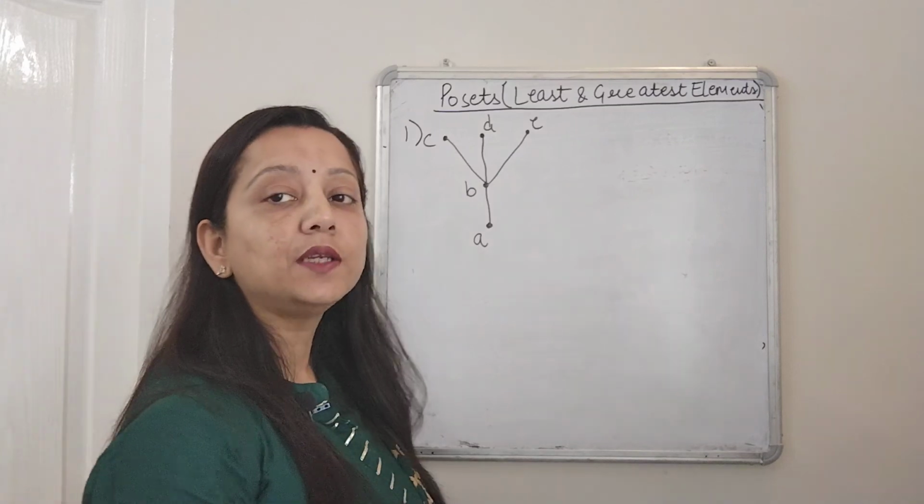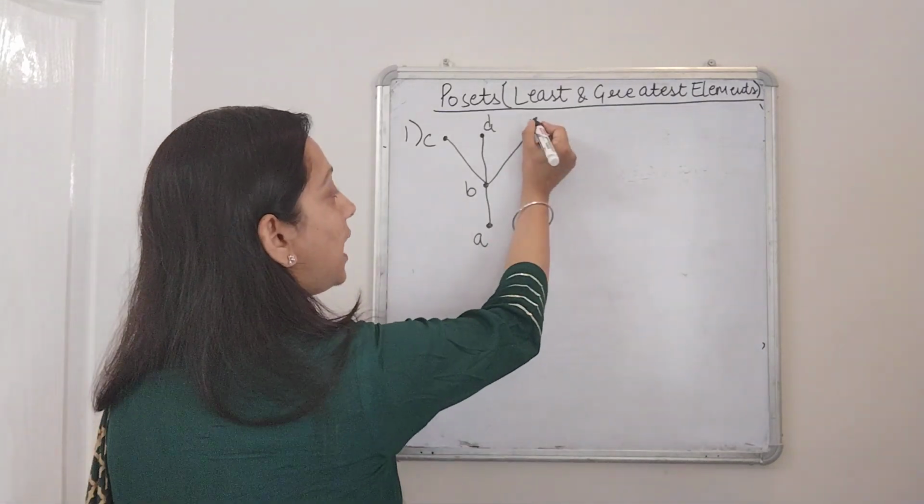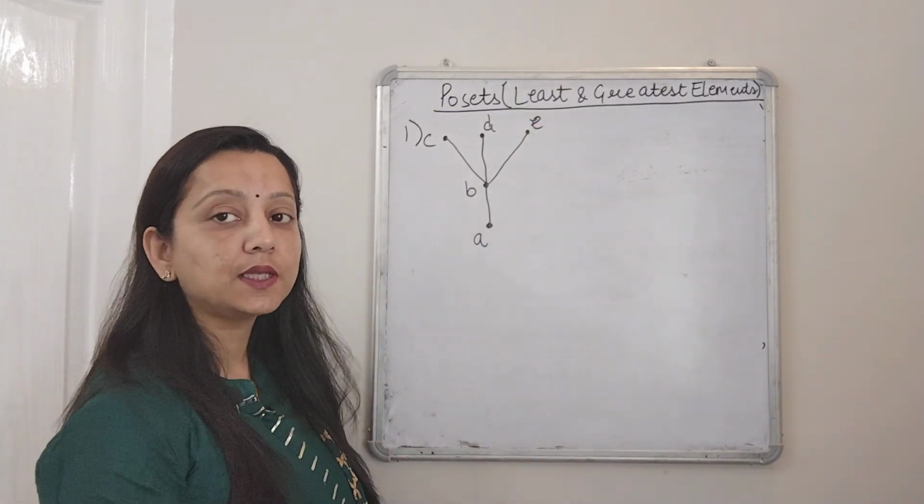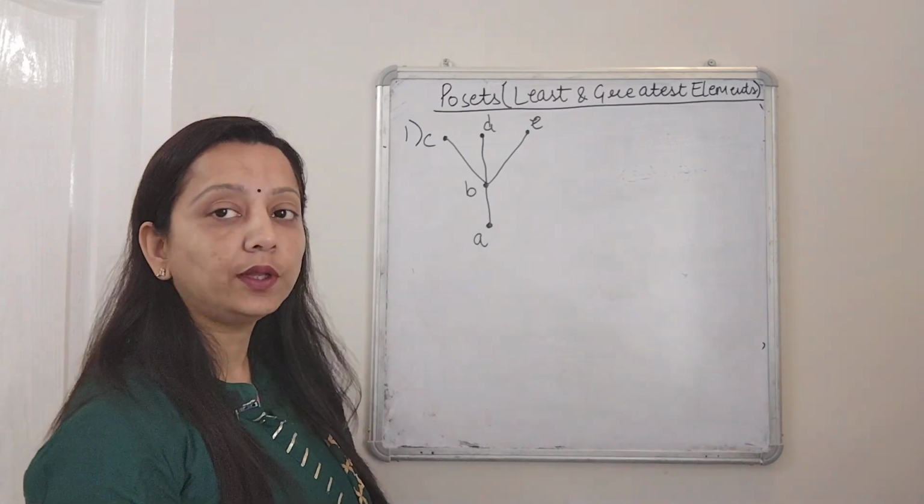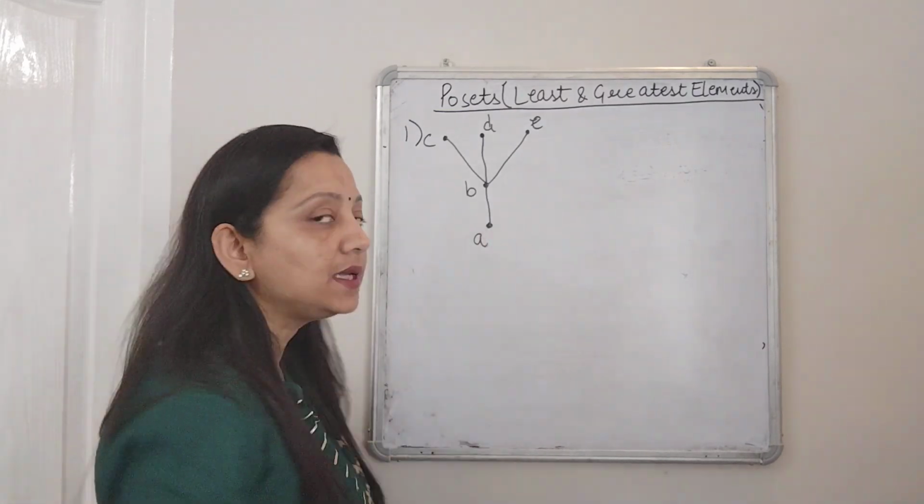Now we have to find a least element and a greatest element in this Hasse diagram, if at all they exist.